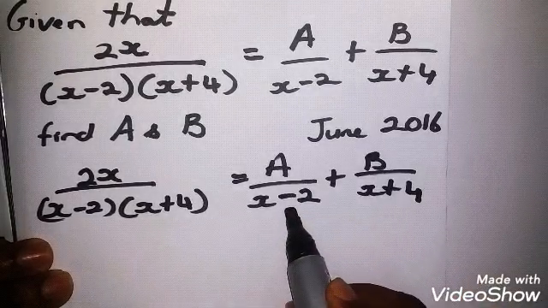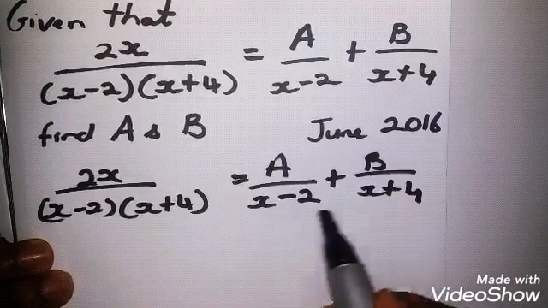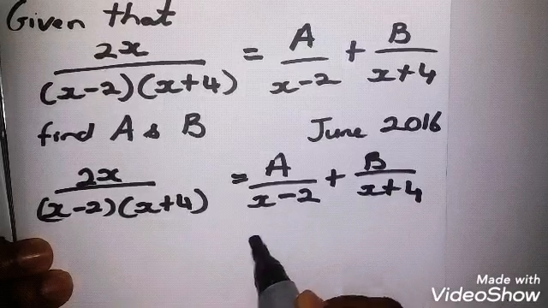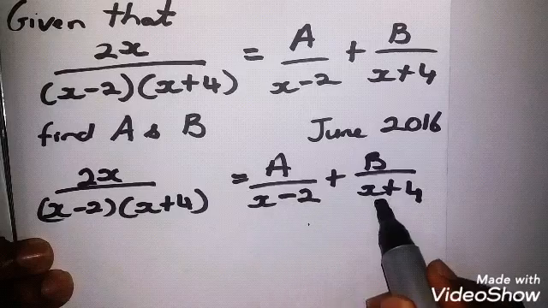So now what we'll take here is a multiple of this. A multiple of x minus 2 and x plus 4 will give us (x minus 2)(x plus 4).